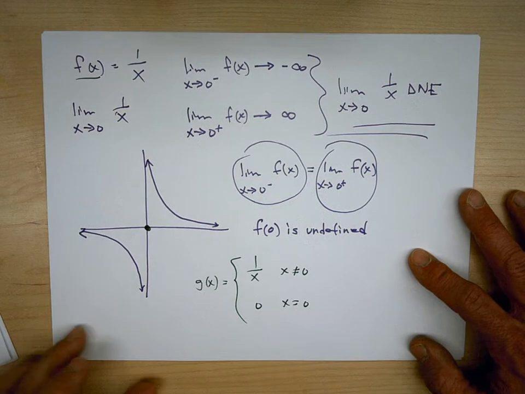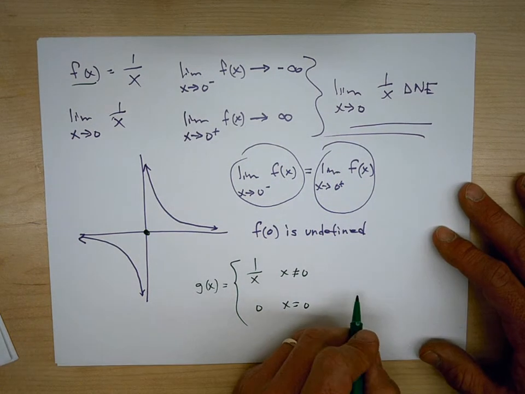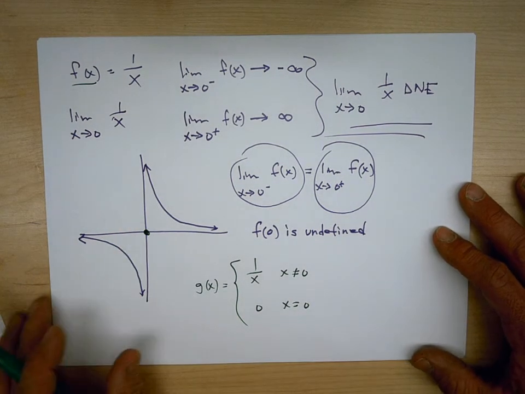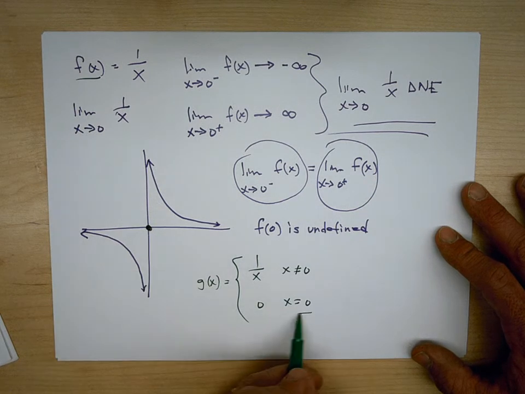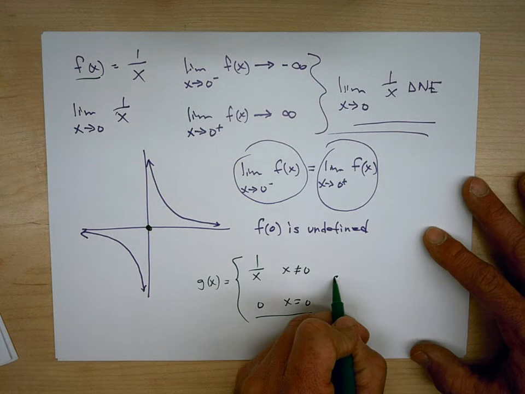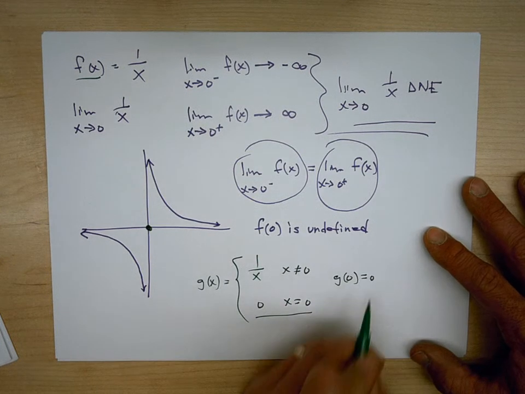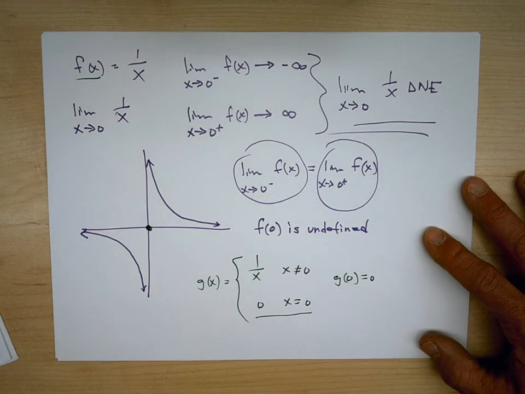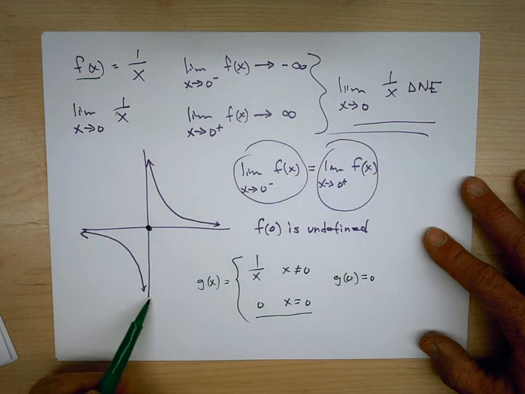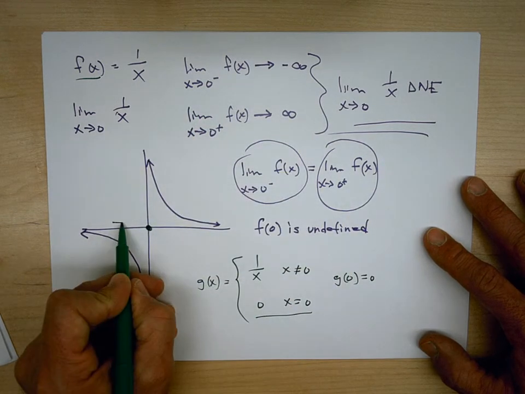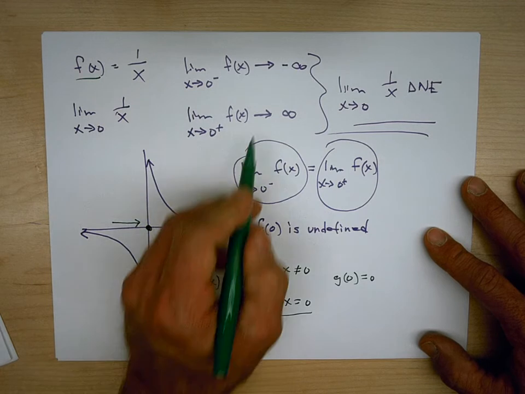All right? Now, in this case, notice, I have the exact same graph here. The only difference is I've put a function value right at 0, 0. That's what this says. So what we have is that g of 0 equals 0. But everything I've written here still applies, because what we're looking at is as you get closer and closer from the left, that's still true.